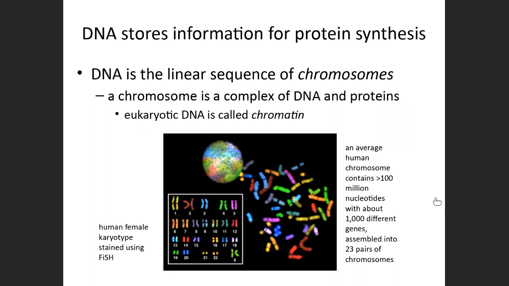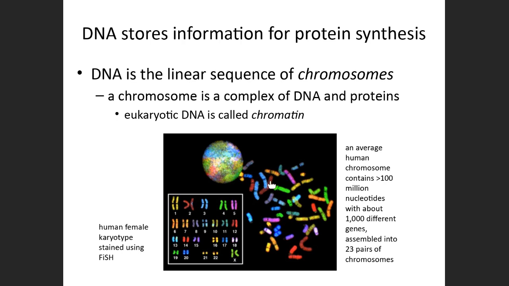Now, for eukaryotic chromosomes, that's what those long pieces of DNA are called, we talk about them in terms of chromatin. Chromatin is a special word that means a eukaryotic chromosome that's wrapped around histones. And once it's wrapped around histones, it can also associate with other types of proteins that help it loop and stick inside the nucleus. We'll look at a nice diagram of that later on when we start talking about chromosomes.